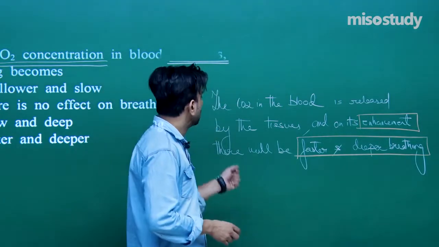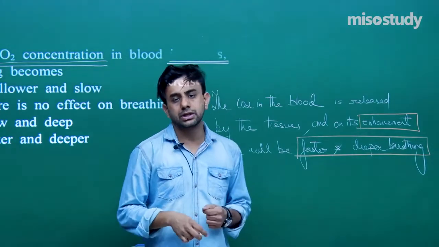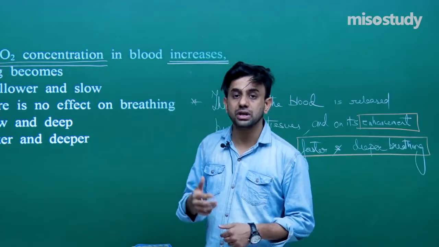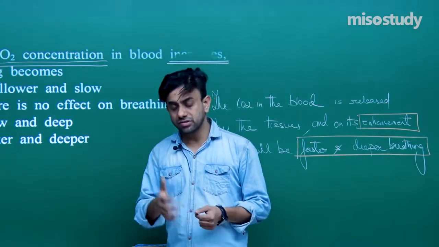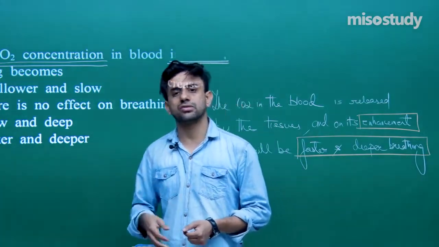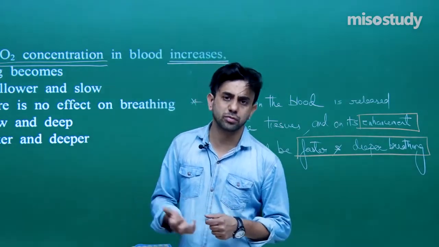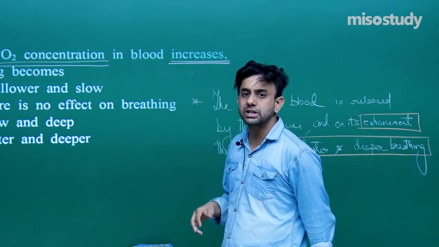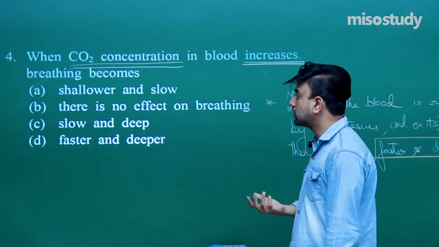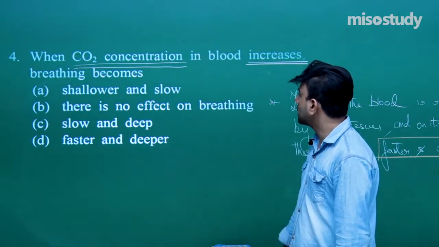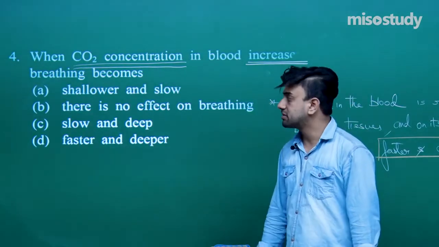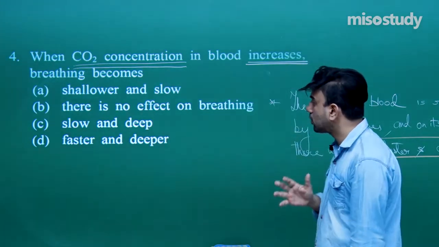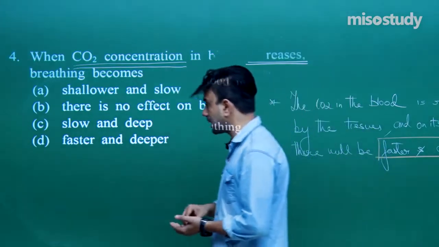So that means the more carbon dioxide content in the tissue, the more carbon dioxide content in the blood, which is released by the tissues, you will start breathing faster, because the system has to clear that carbon dioxide from your blood, and hence oxygen would be taken in. When you breathe faster, more oxygen content will come in. Shallow and slow is wrong. No effect on breathing, absolutely wrong. Slow and deep, wrong. Faster and deep, yes, this is the correct answer.